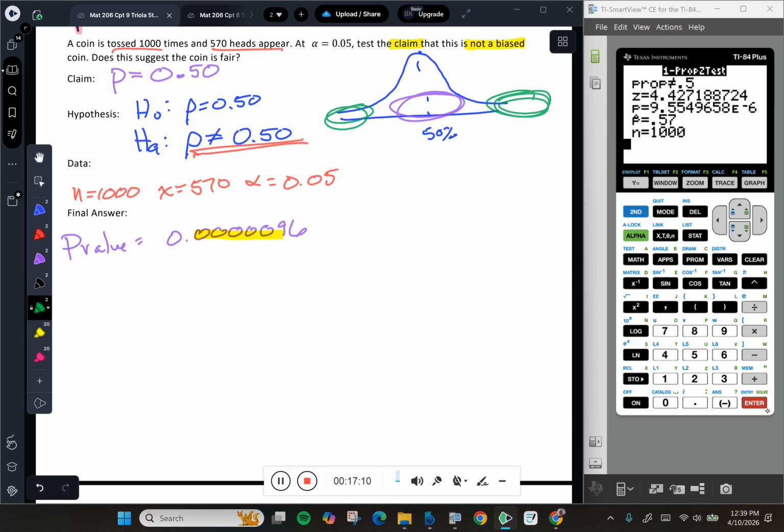Now, this is ridiculously small for a p-value, so our p-value is way less than alpha, and when p is way less than alpha, we reject the null hypothesis. The claim was the null hypothesis.